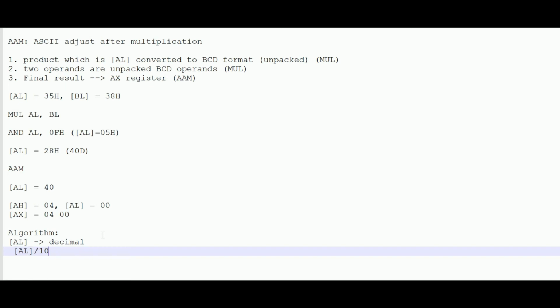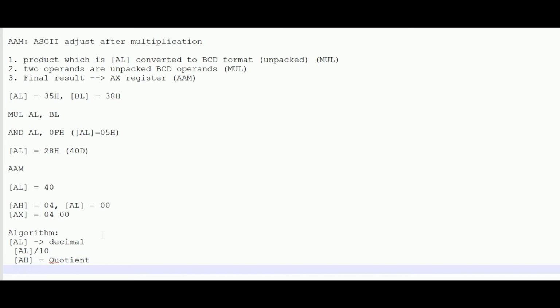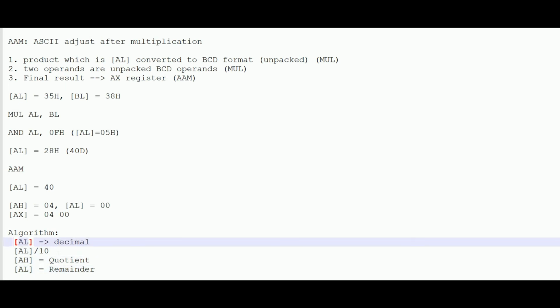When you divide the content of AL by 10, the content of the AH register is basically your quotient and the content of the AL register is your remainder. So this is your algorithm for the AAM instruction.